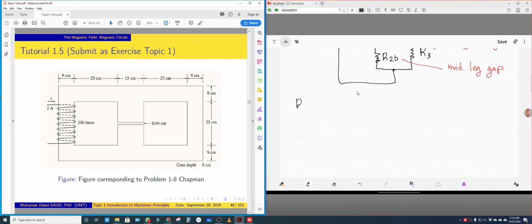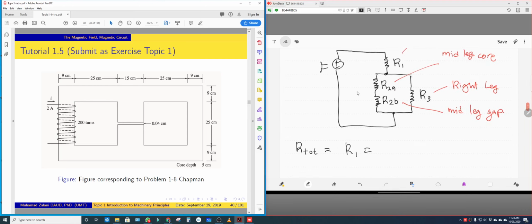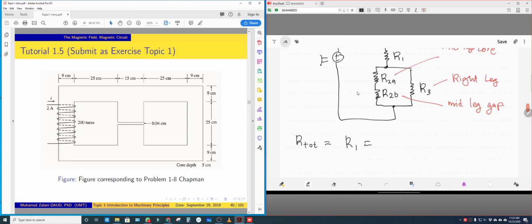To find the total reluctance, we sum up R1 and also the parallel reluctances. In this case, I name it as equivalent reluctance. Okay, equivalent reluctance.